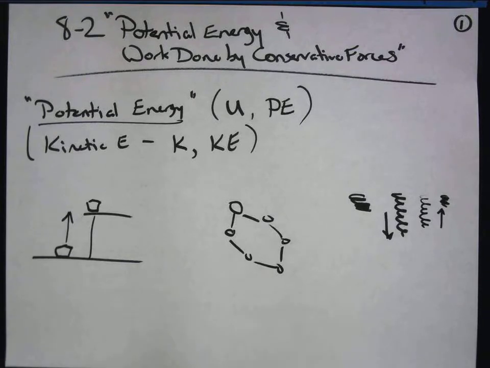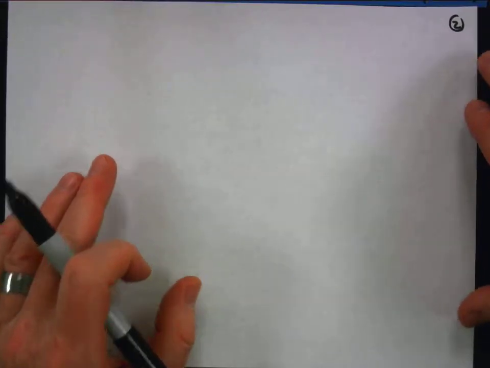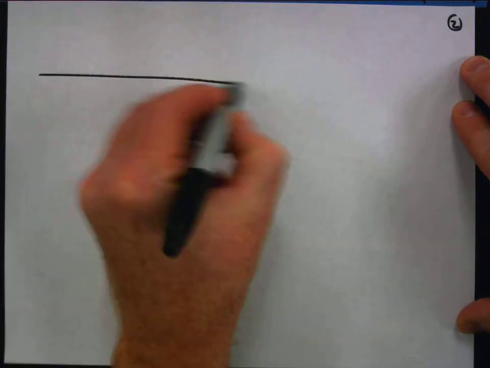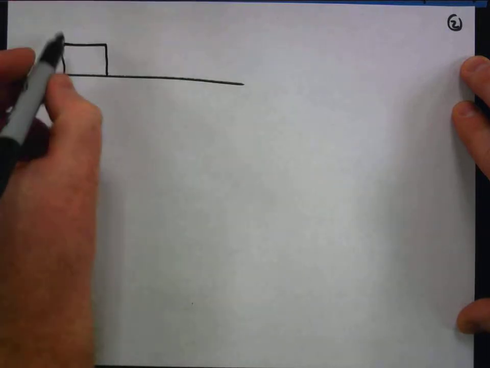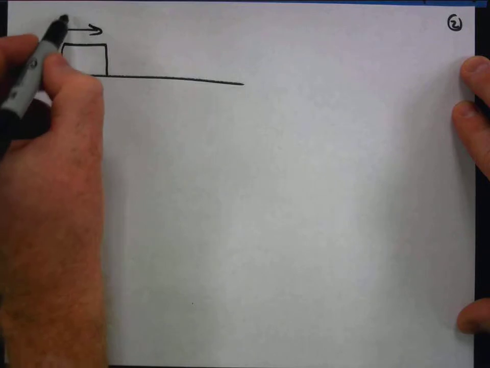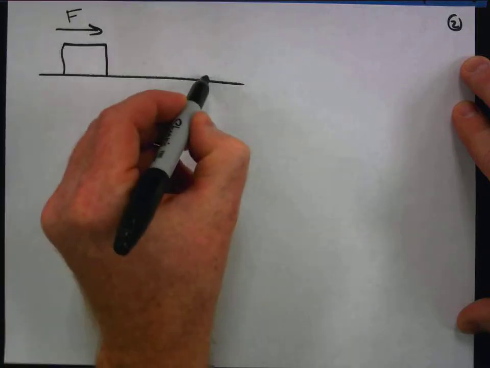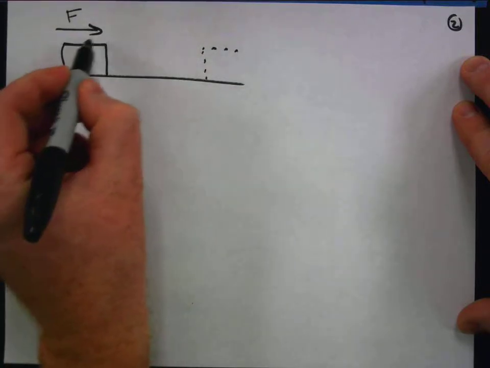Cool. Well, what we need to consider, though, with this idea of potential energy is that not all forces are going to allow us to store energy like this. You'd think that if you are pushing a box across the floor, for example, you have your applied force, and you're going to move this box a certain distance here.